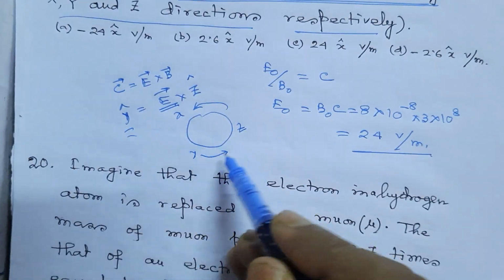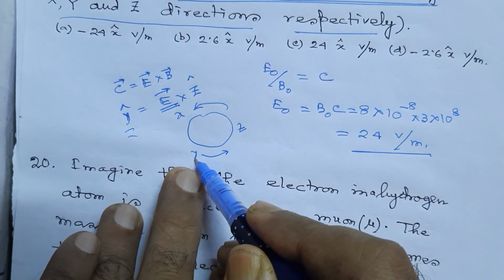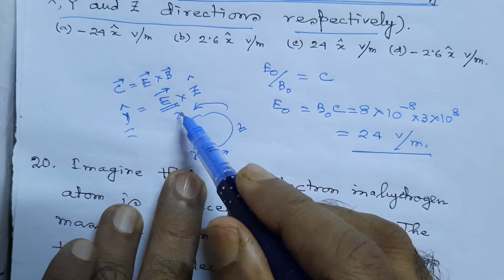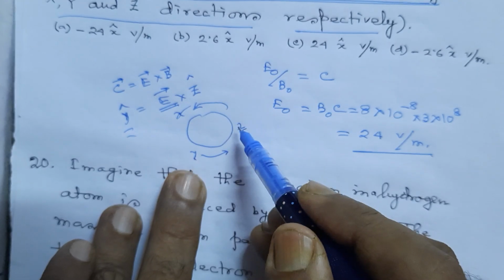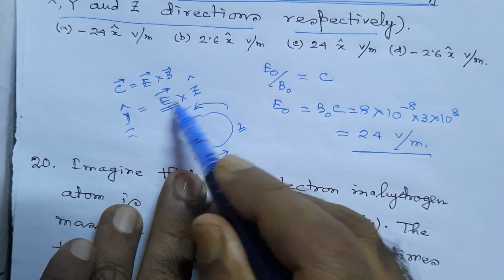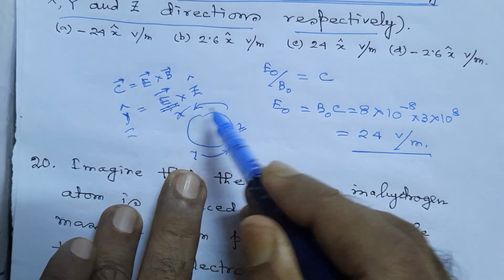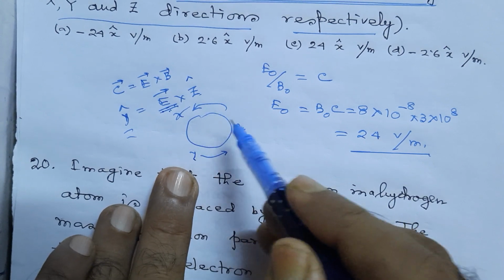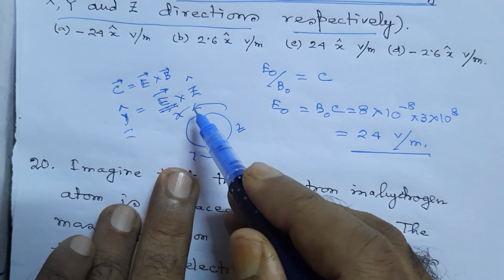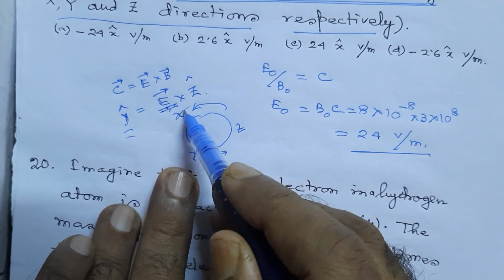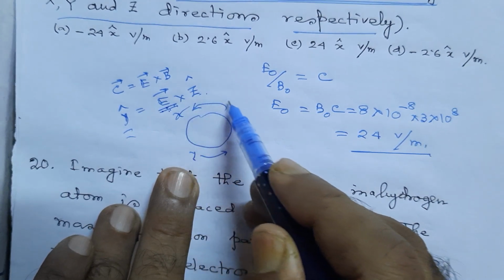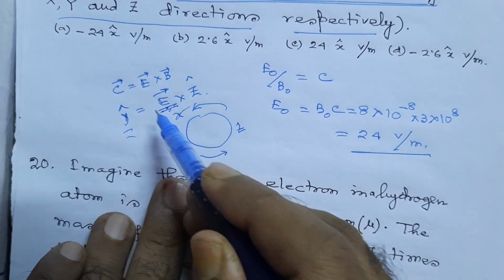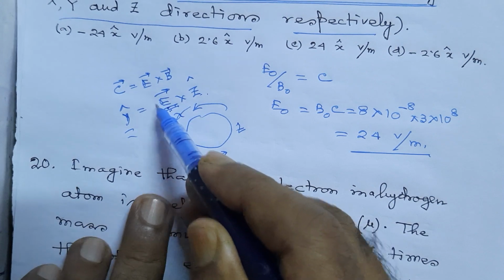But mind that x cross z gives minus y, as we are going in the clockwise sense, so x should carry a minus sign.